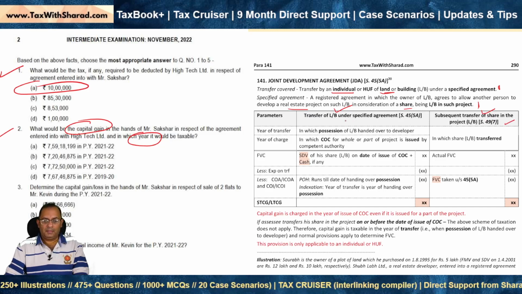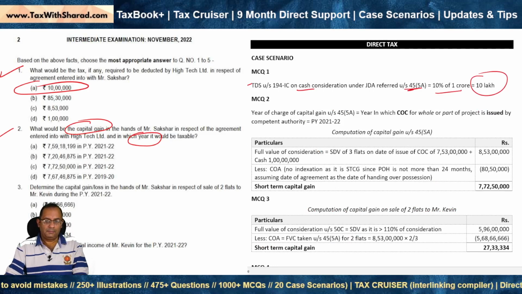So when there is a transfer of plot of land in our case, the year of transfer and year of charge are different. Year of transfer is the year in which possession of land is handed over to the developer, and the year of charge, that means the year in which capital gain is charged, is the year in which certificate of completion for whole or part of the project is issued by competent authority.